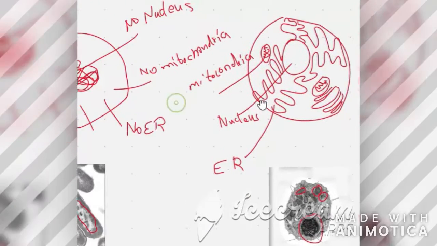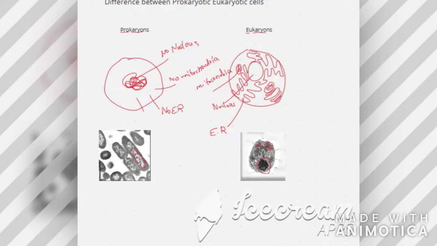These membrane-bound sacs, or Golgi apparatus, are also only present in eukaryotic cells. So Golgi bodies, ER, mitochondria, nucleus and other membrane-bounded structures are present only in eukaryotes and not in prokaryotes.